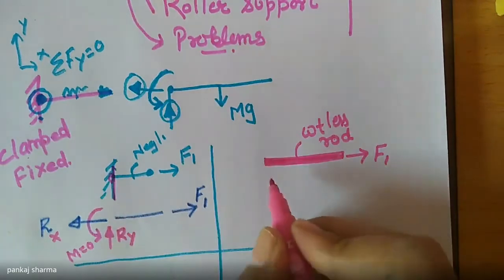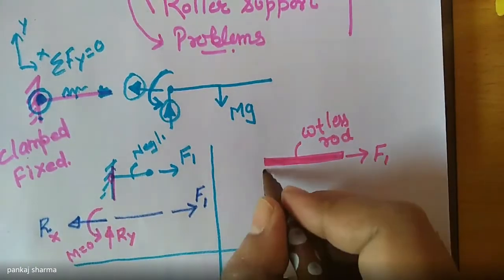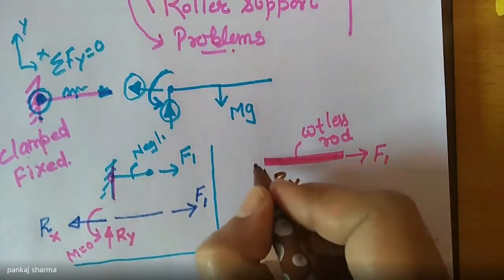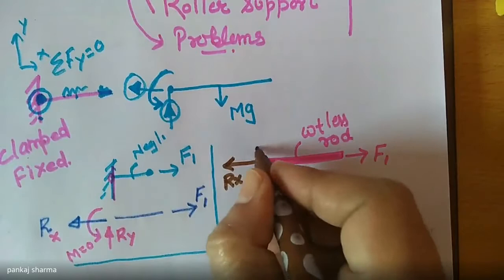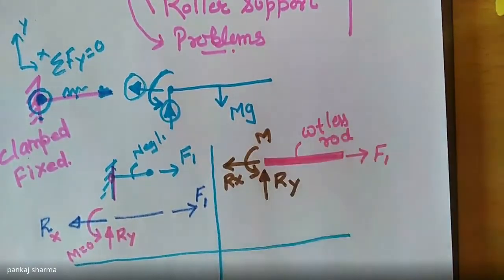So the properties of the clamp we can directly write: Rx, Ry, and moment reaction M. The directions of the reactions may be assumed. These are the properties: Rx, Ry and M.